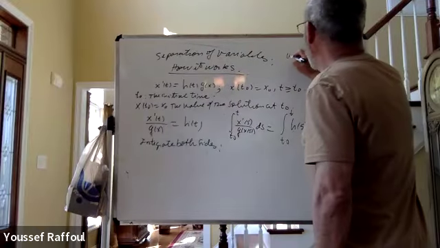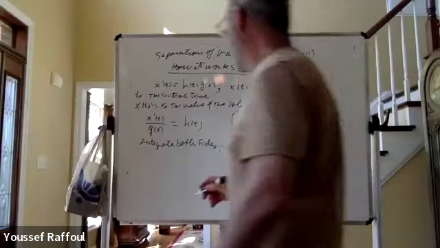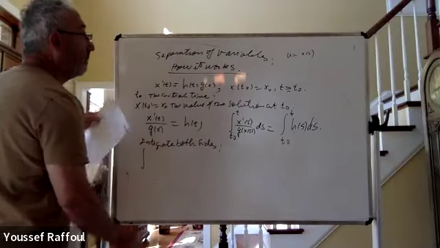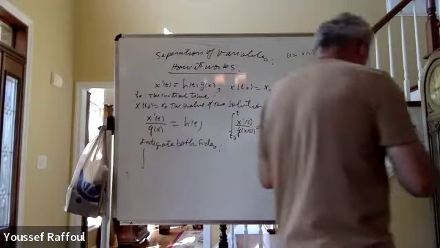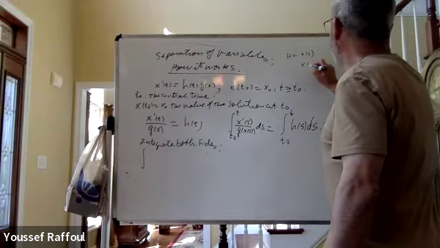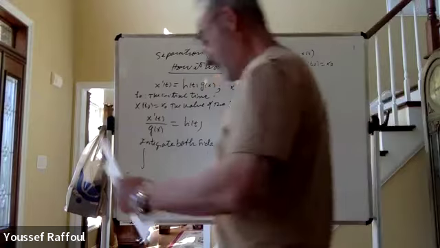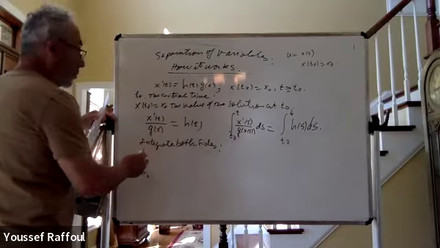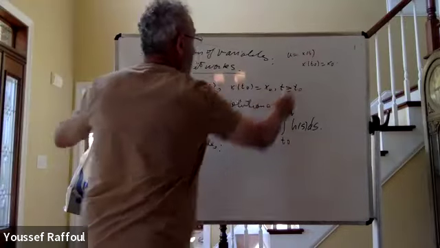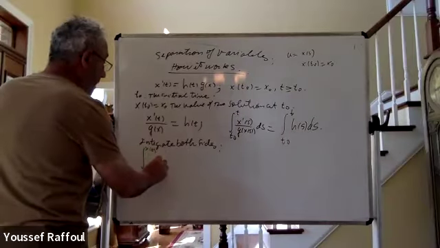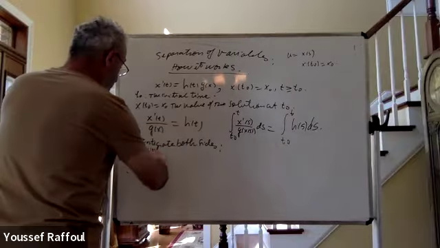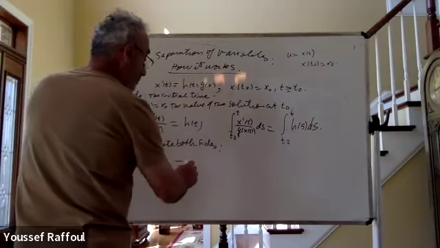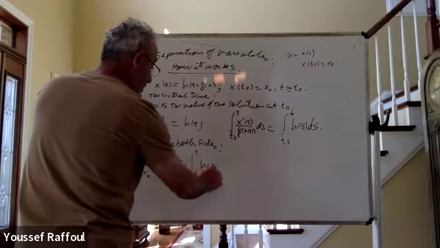So if I do a change of variable, u equal to x of s, with x of t naught equal x naught, this is going to be the integral from x naught to, at s equal to t, u is x of t, of du over g of u, and that is equal to the integral from t naught to t of h of s ds.